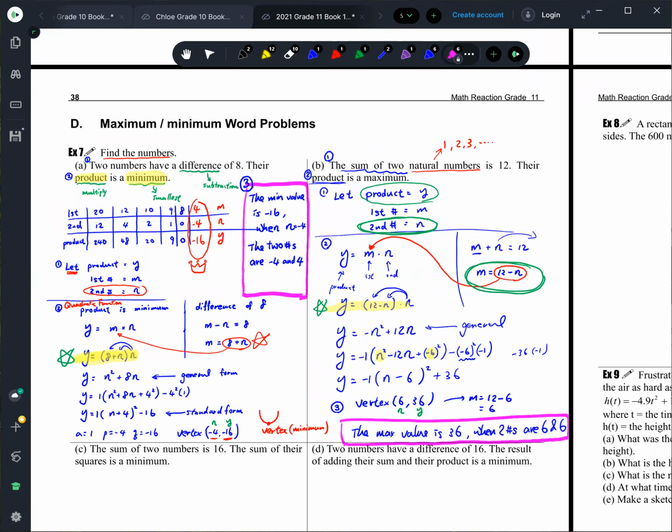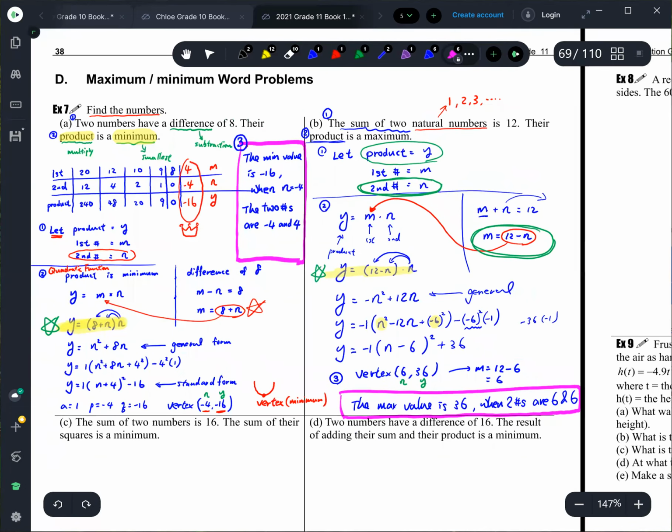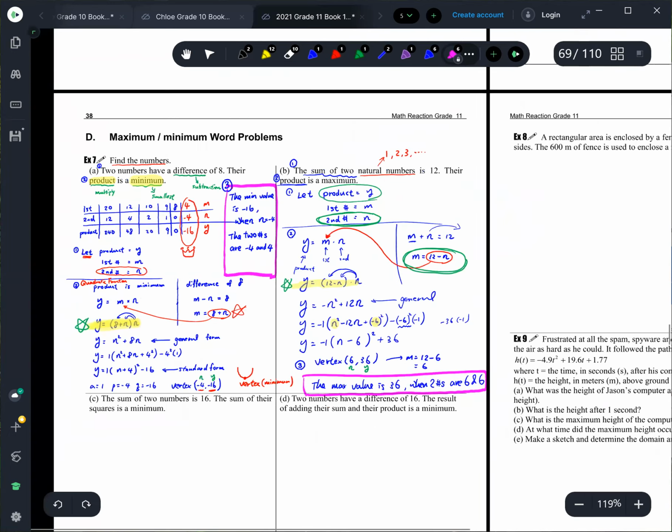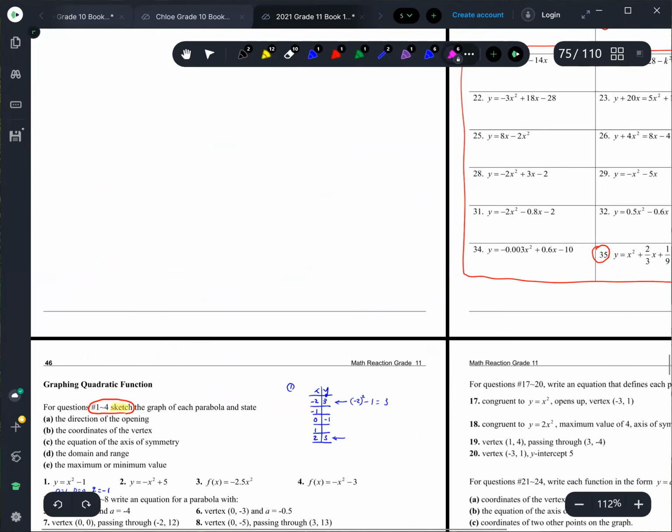Okay, I think the last two down here, we won't have time to cover it today. Okay, we'll leave it till next time. Okay, so for homework, you will get similar question like this. Okay, find the two numbers and product is either maximum or minimum. Okay, let's turn to the homework part. Okay, I'll show you which ones.